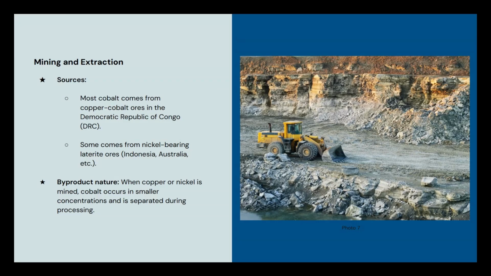Most cobalt comes from copper-cobalt ores in the Democratic Republic of the Congo. Some comes from nickel-bearing laterite ores in Indonesia or Australia. It is a byproduct. When copper or nickel is mined, cobalt occurs in smaller concentrations and is separated during processing.